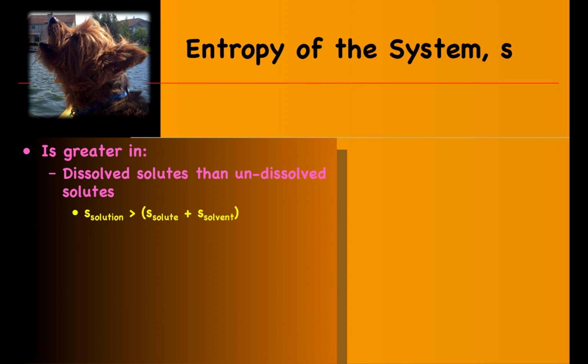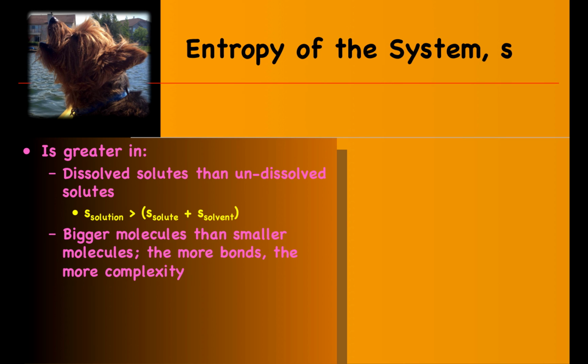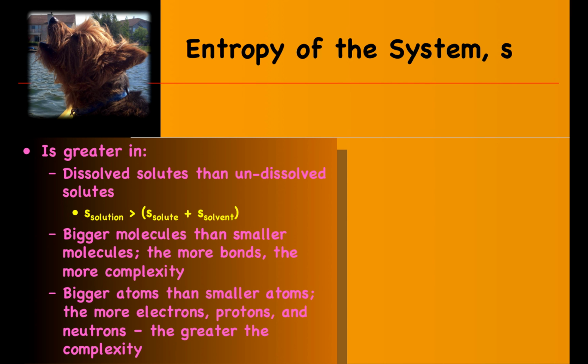Dissolved solutes have greater entropy than undissolved solutes. The entropy of a solution is much greater than the entropy of a solute and solvent. Bigger molecules have greater entropy than smaller molecules. That's because there's more chemical bonds and more complexity. Bigger atoms also have greater entropy than smaller atoms because there are more electrons, protons, and neutrons.